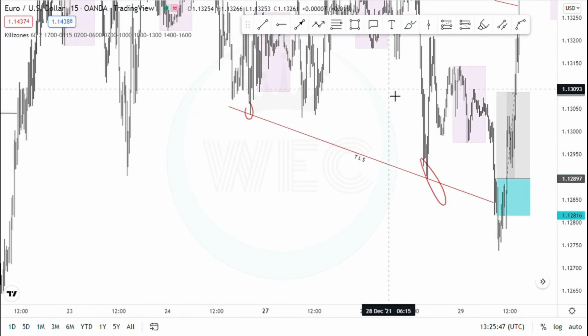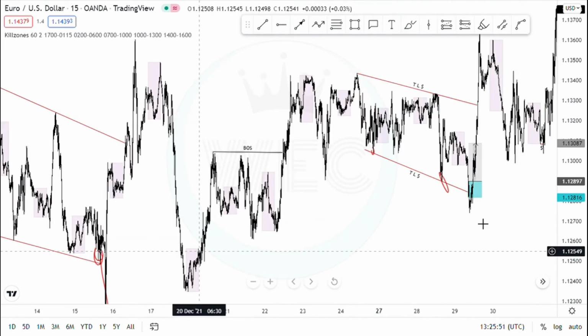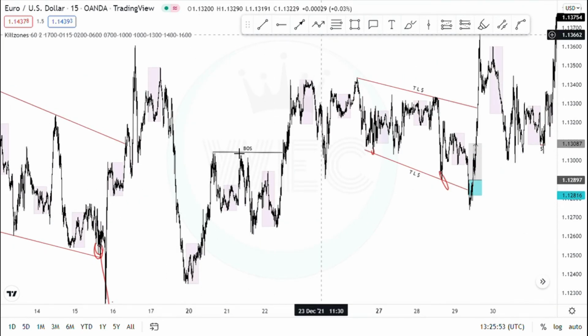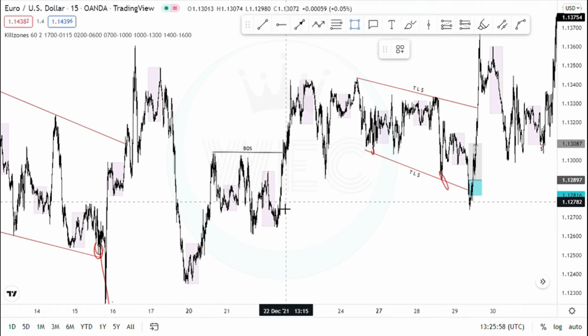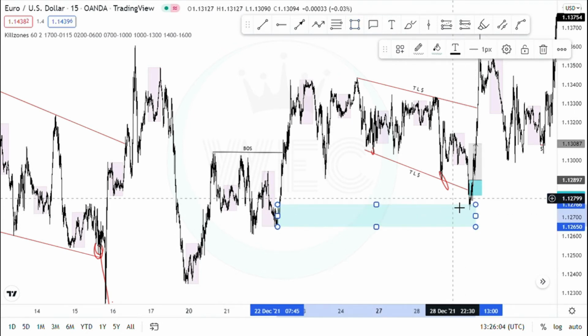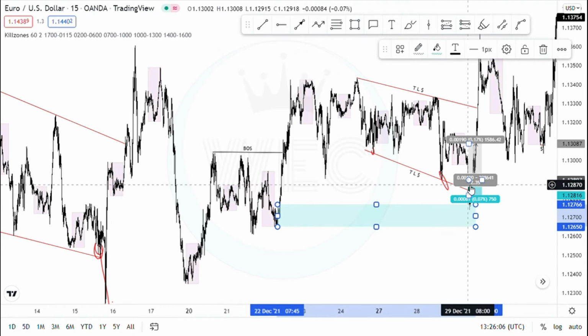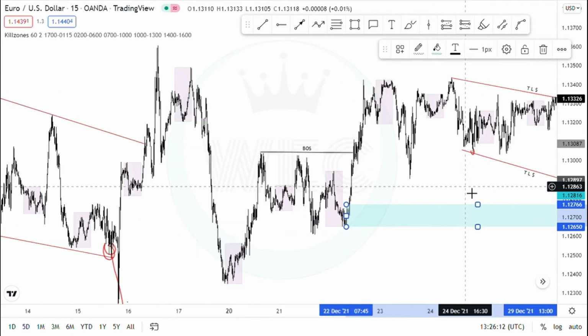Why is that so? If you're trading smart money, you are going to understand that after this bullish break of structure, price needs to return to a level of demand in here. And that is what happened. So this fake buy opportunity that price presented was just an inducement.